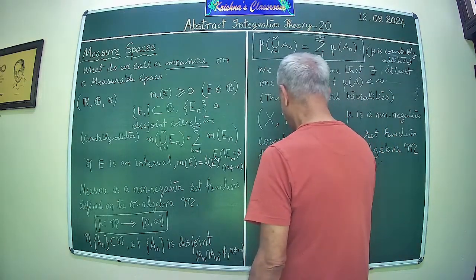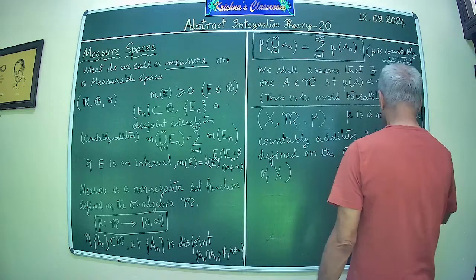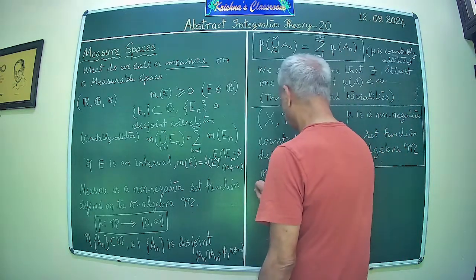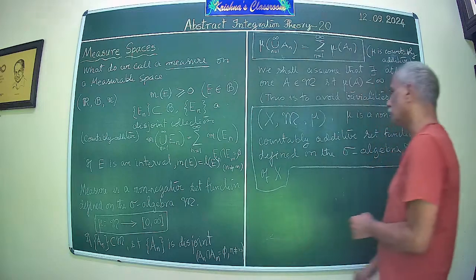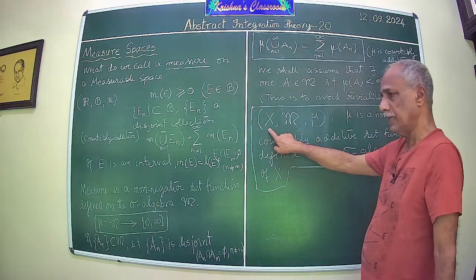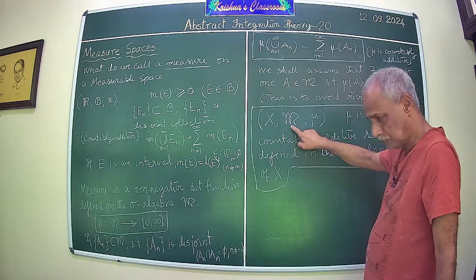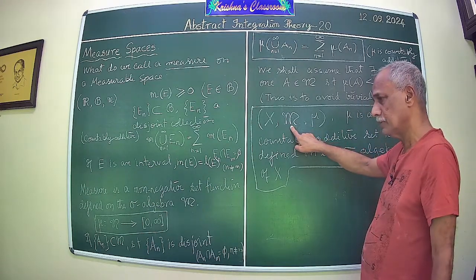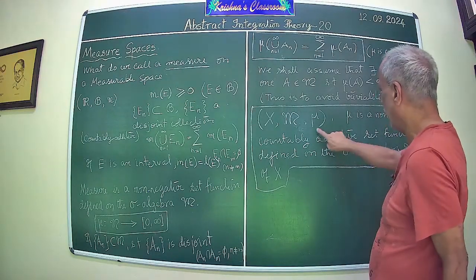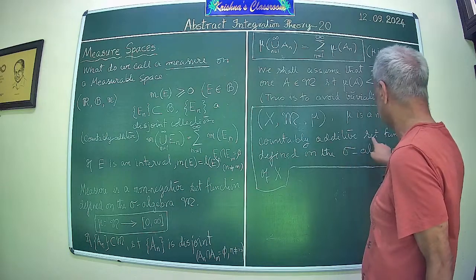Thus, what we have is the set X with a sigma algebra of subsets, and now a non-negative countably additive set function.